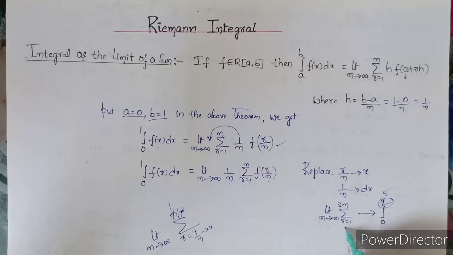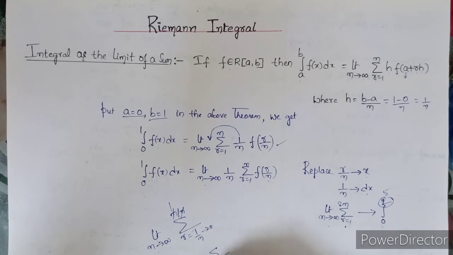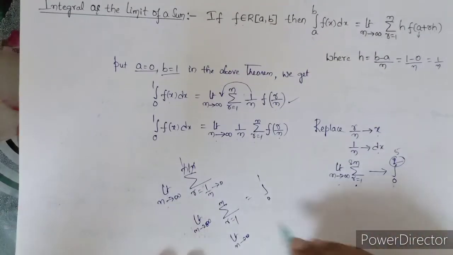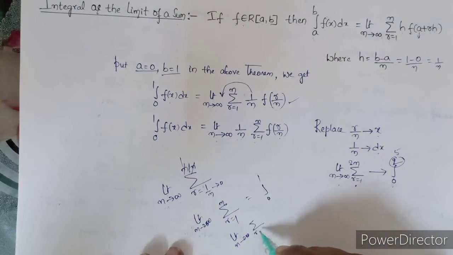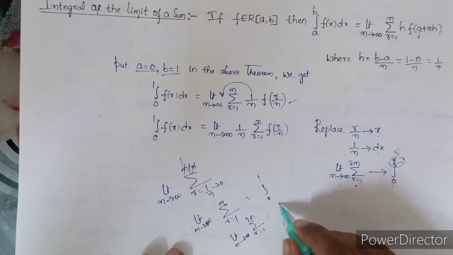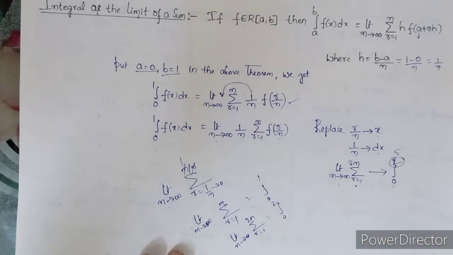Suppose sigma r equals 1 to n, it gives 0 to 1. Suppose limit n tends to infinity sigma r equals 1 to 2n, then it is integral 0 to 2.